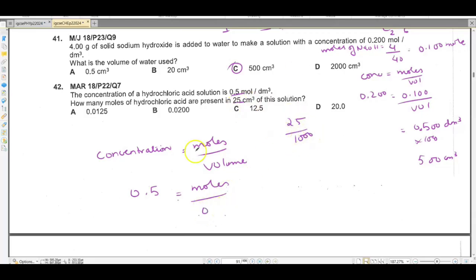So this is going to give us 0.025 decimeter cubes. So when we multiply 0.5 with 0.025 decimeter cubes, we get an answer of 0.0125 moles. So A is our correct option.